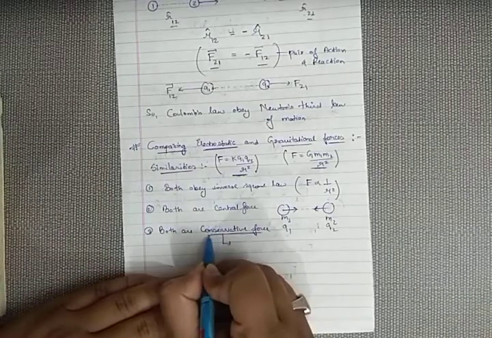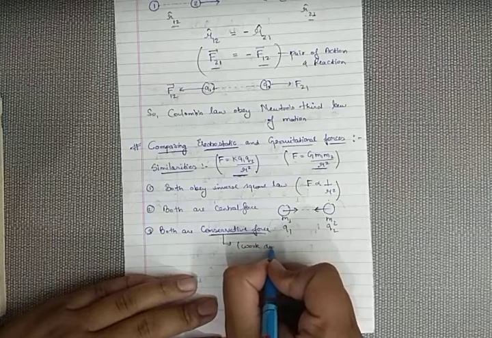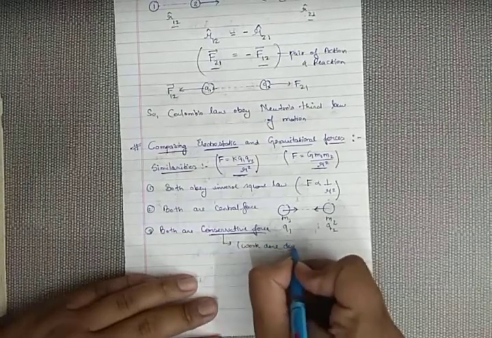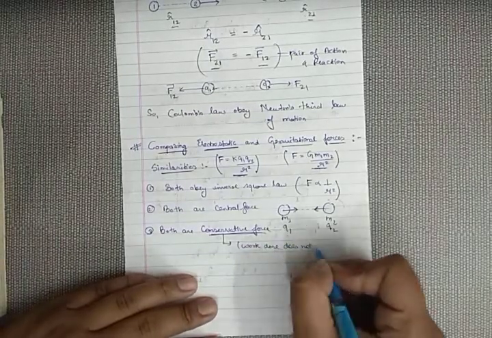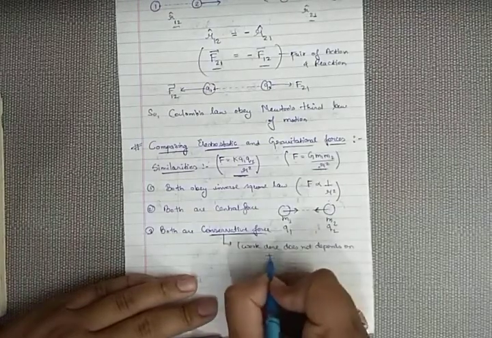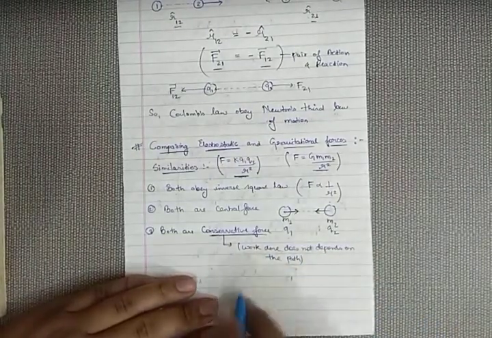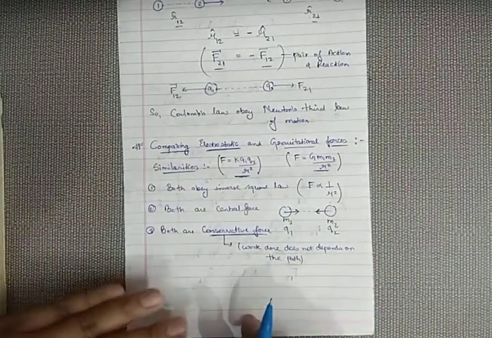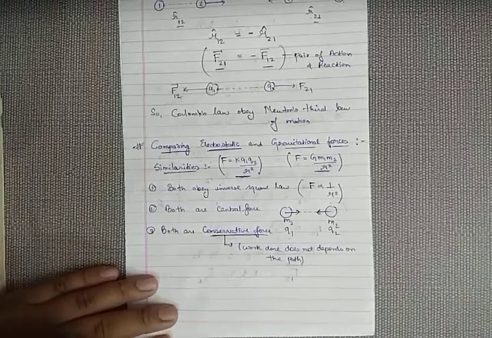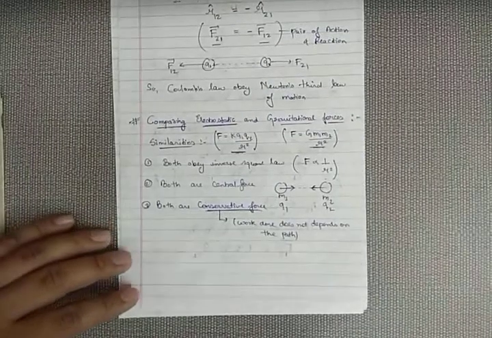Conservative forces are those forces for which work done does not depend on the path. If work done depends on the path, in that case it will become non-conservative. So these two forces are conservative in nature.